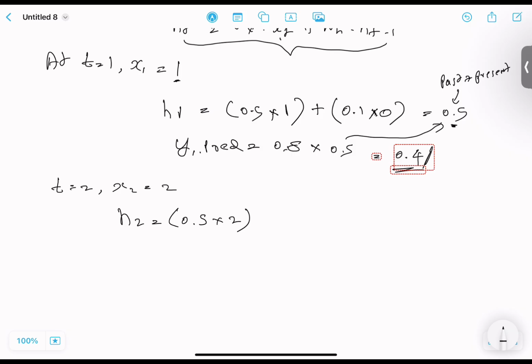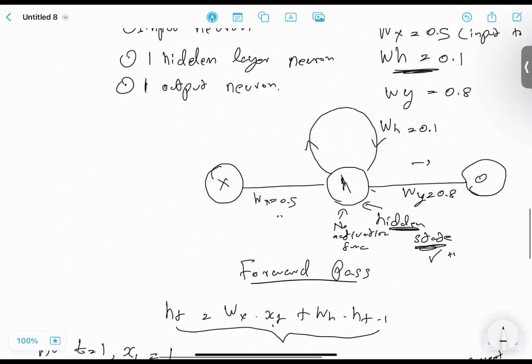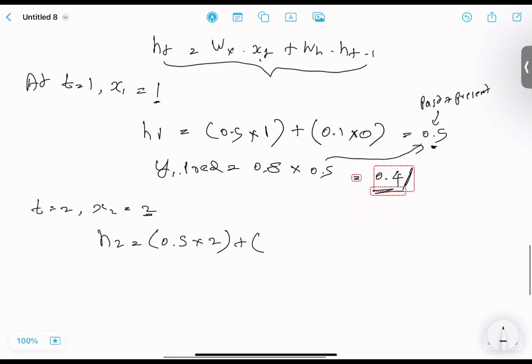Why is this 2? Because this time our input is 2. Plus 0.1, which is the weight of the hidden state, into 0.5.